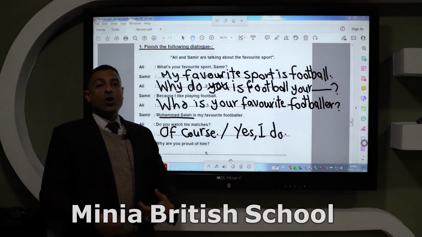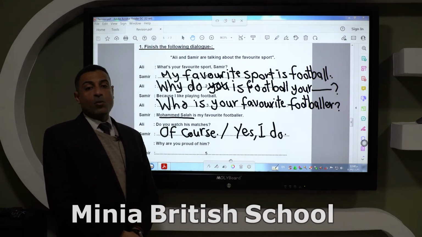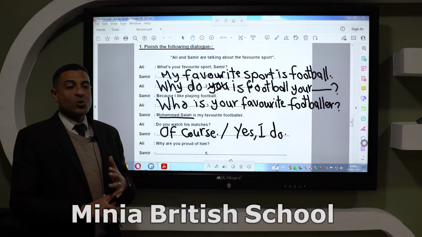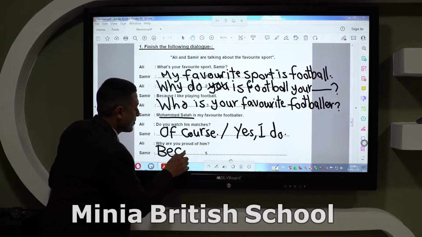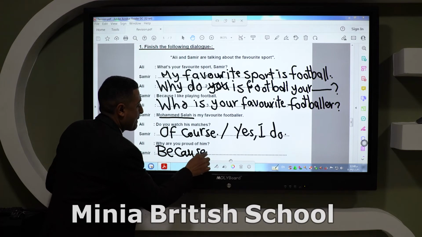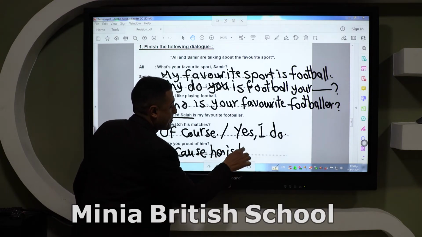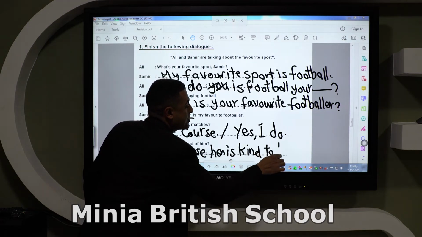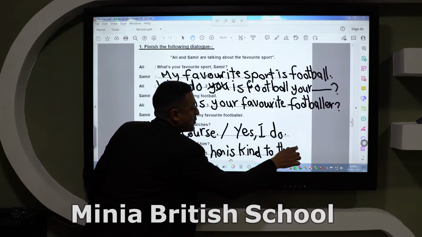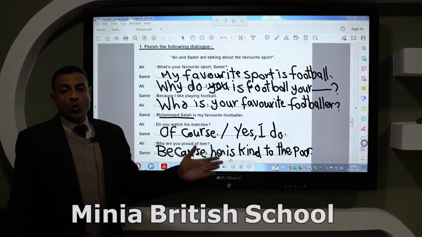Of course, all the Egyptians, or most of the Egyptians, are proud of Muhammad Salah. You can say because he is kind to the poor, and we know that Muhammad Salah always helps poor people.